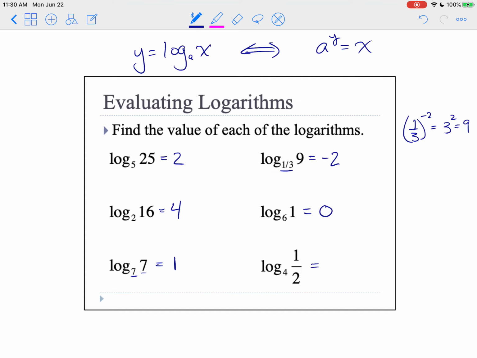So I would raise 4 to the 1/2 power to get 2, but then that's 2, not 1/2, so I'd have to take the reciprocal of it, so that means I would want to raise it to the negative 1/2 power. 4 to the negative 1/2 is 1/4 to the 1/2, which gives me 1/2. The square root of 1/4 is 1/2.